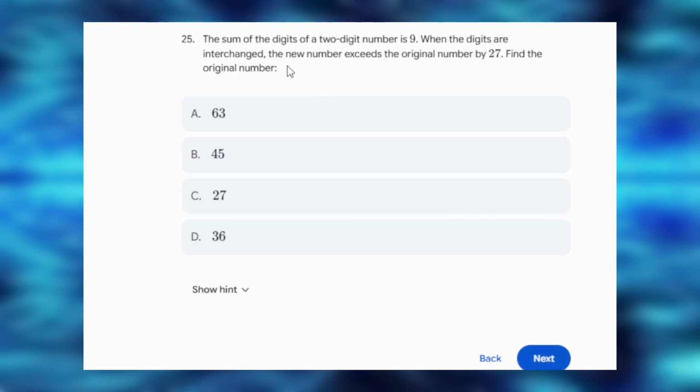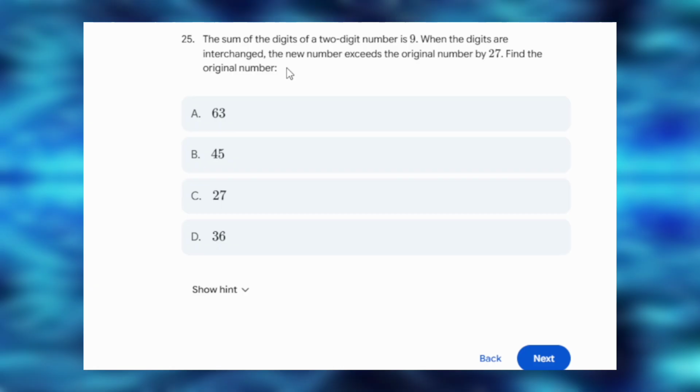The sum of the digits of a 2-digit number is 9. Let's take the 2 digits xy, then x plus y equal to 9. When the digits are interchanged, the new number exceeds the original number by 27. New number is 10y plus x equal to original plus 27.